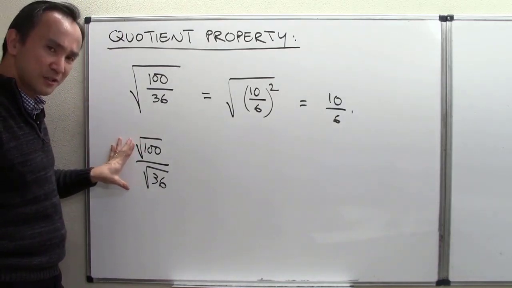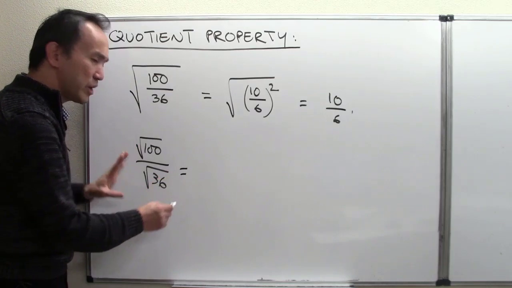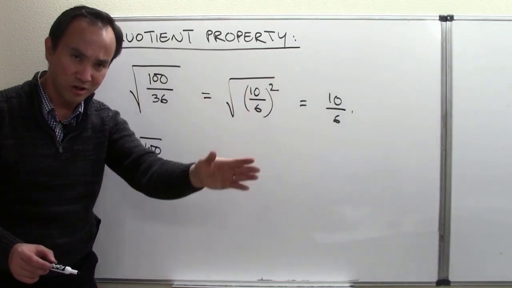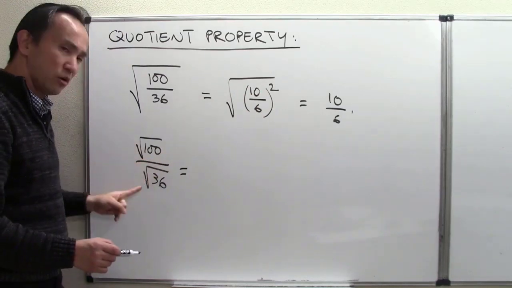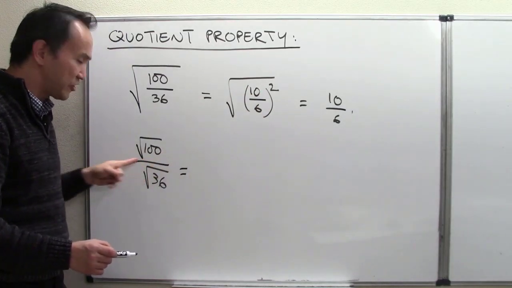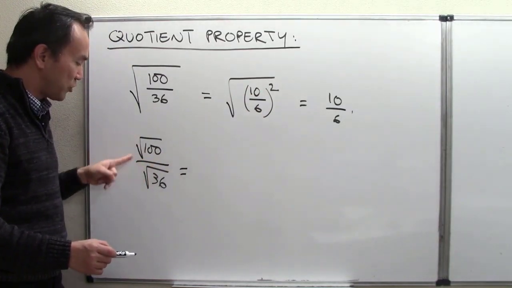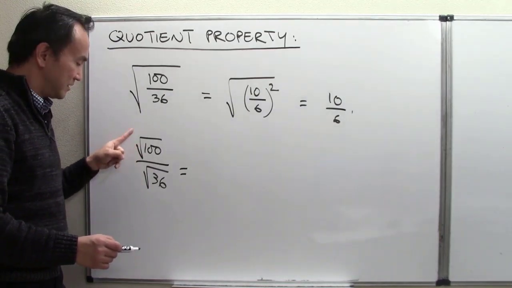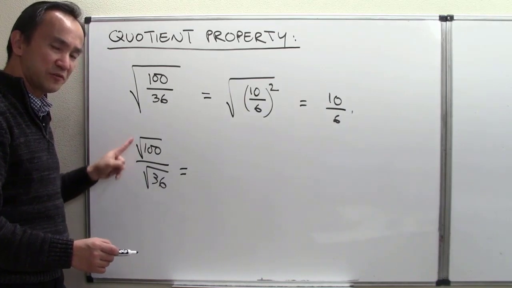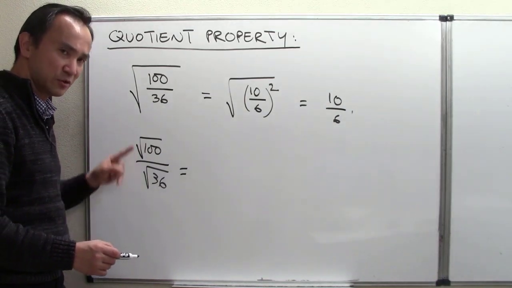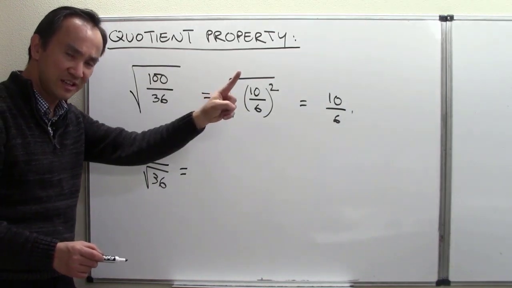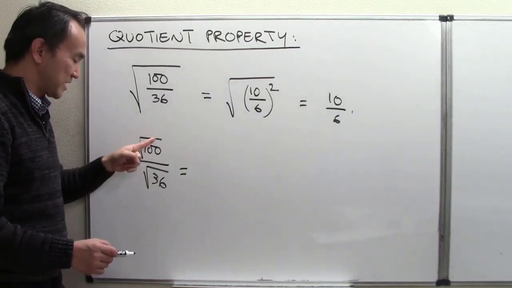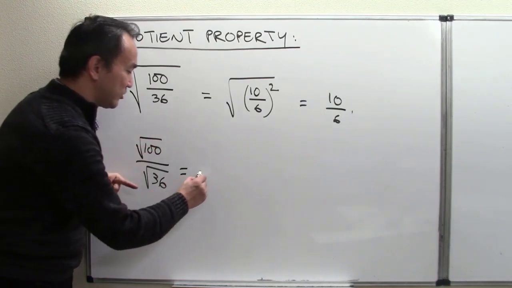In that problem, I treated the problem strictly as relying on the order of operations. It's a division, and we were dividing a square root by another square root. So we are required to do the 2 separate square roots first according to the order of operations, because square root has higher priority compared to the division. So that means the square root of 100 needs to be done first.